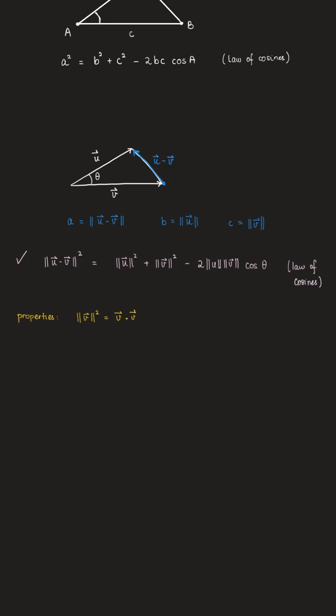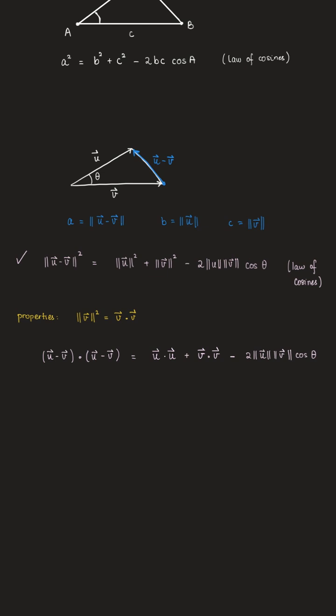On the left side, the magnitude of u minus v squared will be the vector u minus v dotted with itself, applying this property. On the right side, the magnitude of u squared will be u dot u, and the magnitude of v squared will be v dot v. And I'm going to leave the third term as it is. So 2 times the magnitude of u, the magnitude of v, times the cosine of the angle between the two vectors.